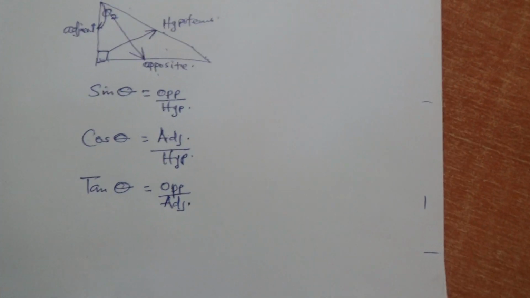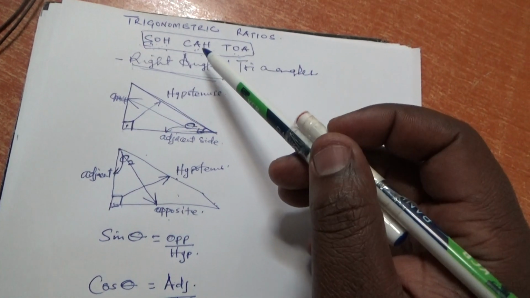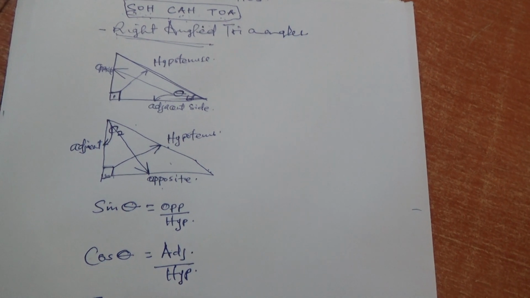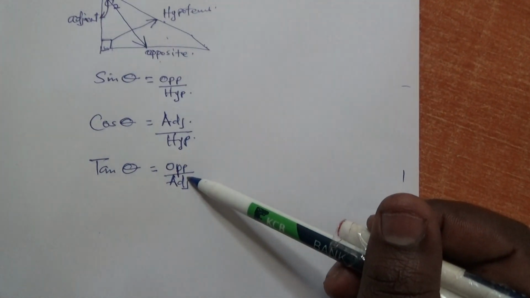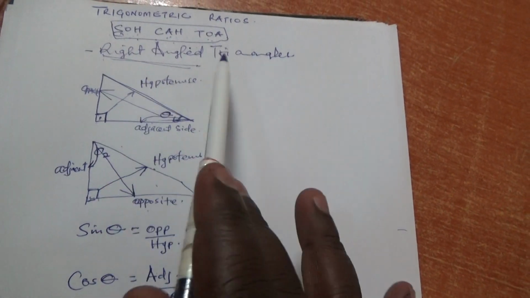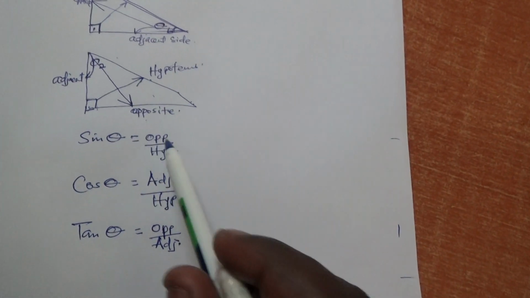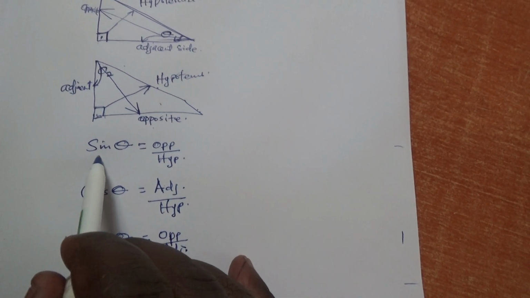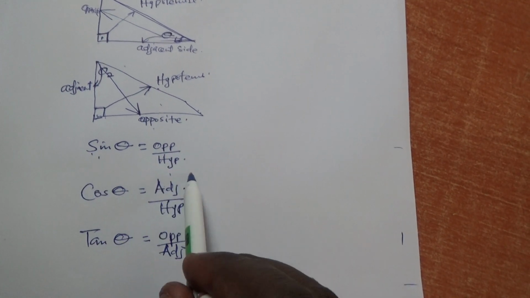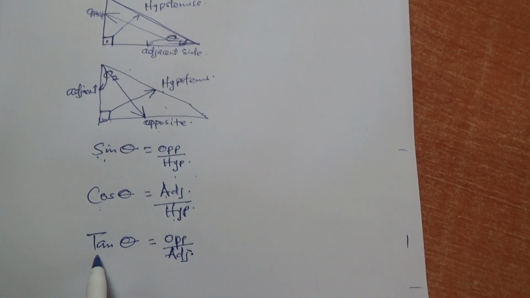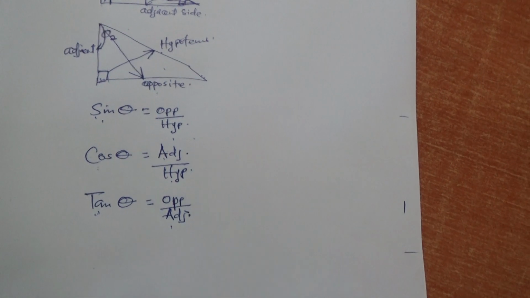All right, so this principle up here can be connected to this principle down here. This is another way of representing that principle. So knowing this SOHCAHTOA: SOH, opposite over hypotenuse; CAH, adjacent over hypotenuse; TOA, opposite over adjacent.